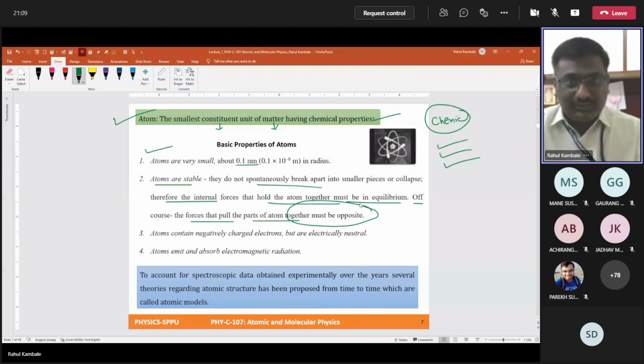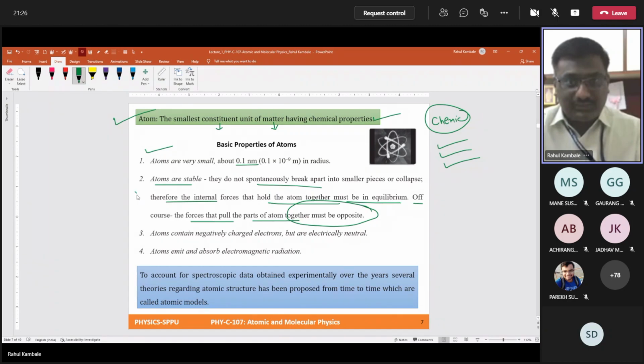If I want to break it I cannot, because the forces binding it together are opposite. So this is one important basic property of an atom.